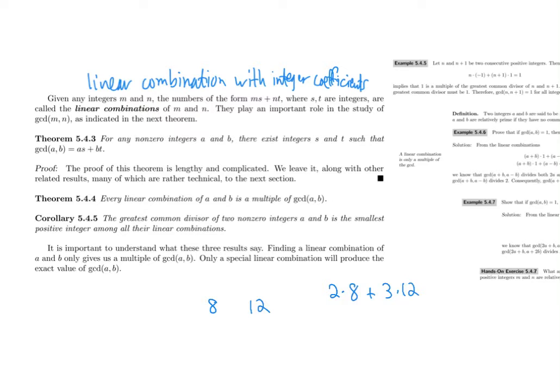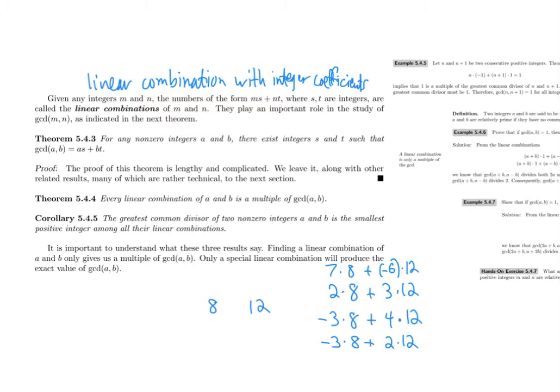I could do negative 3 times 8 plus 4 times 12. I could do negative 3 times 8 plus 2 times 12. I could do 7 times 8 plus negative 6 times 12. So there's infinitely many linear combinations I can make out of 8 and 12.